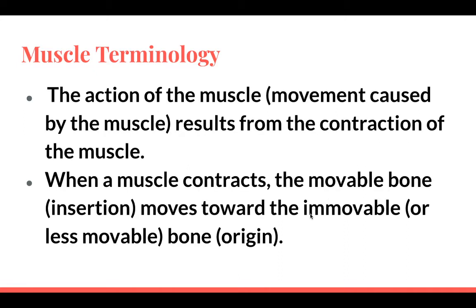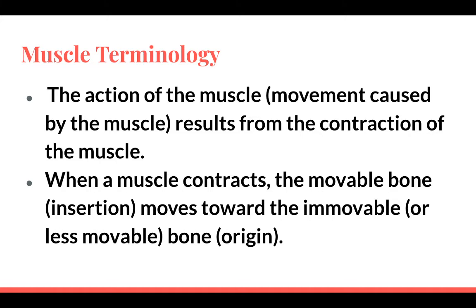So again, when the muscle contracts, it causes a movement. That movement is considered to be the action of the muscle. For the biceps brachii, the action is flexion of the forearm. When the biceps brachii contracts, it flexes the forearm. This means it moves the forearm, the insertion, the radius, up toward the humerus or the scapula, the upper arm.